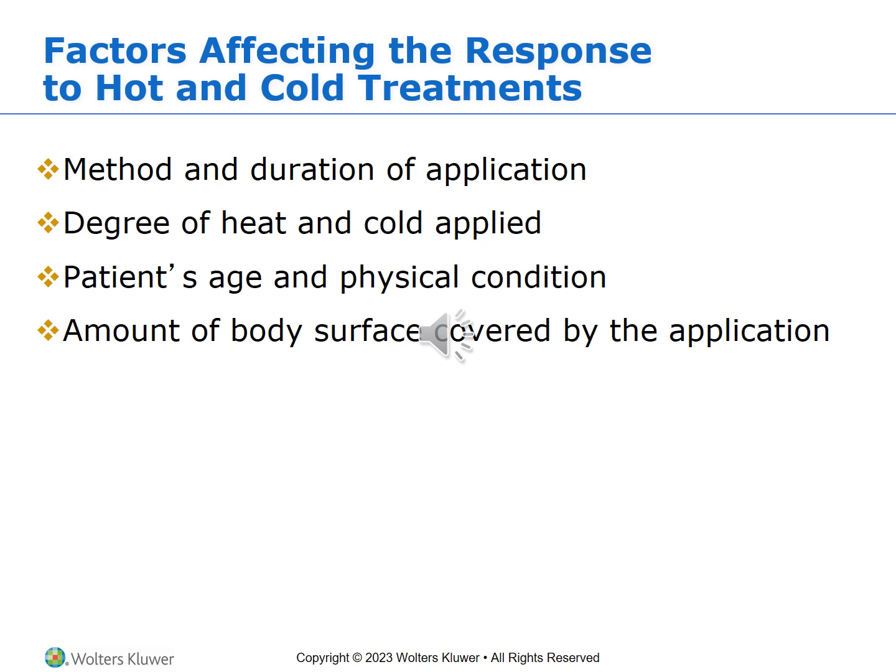The section on affecting the response to hot and cold treatment begins on page 1194 and continues into page 1197. First it talks about different types of heat that could be applied. I do want to mention that heat is usually applied by PT in the rehab setting. They have a device where they can set and regulate the temperature and monitor the patient closely to prevent burns.